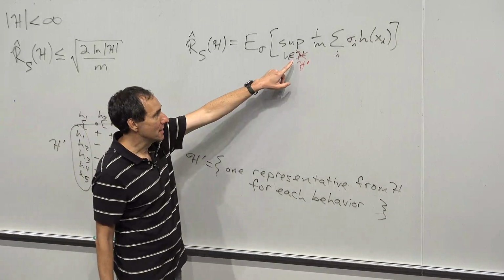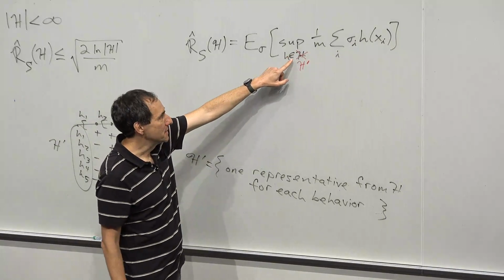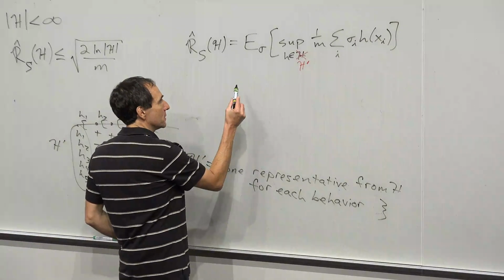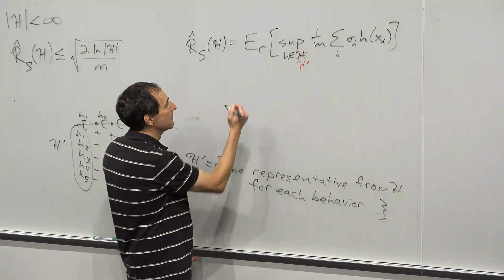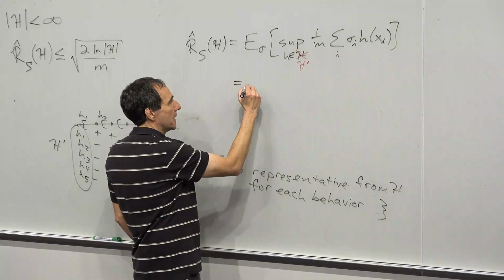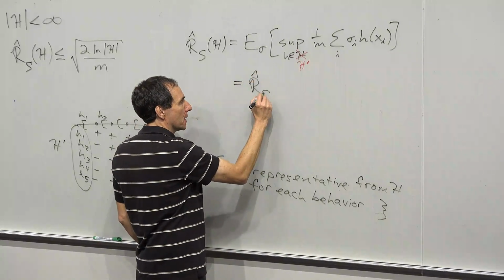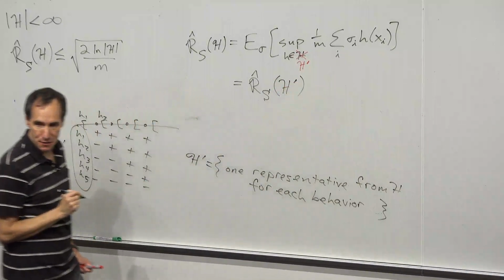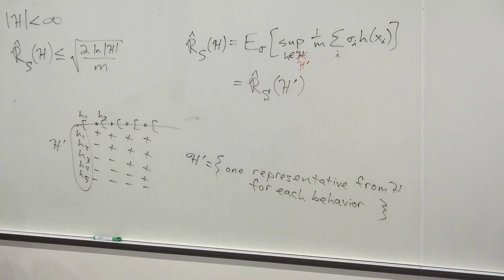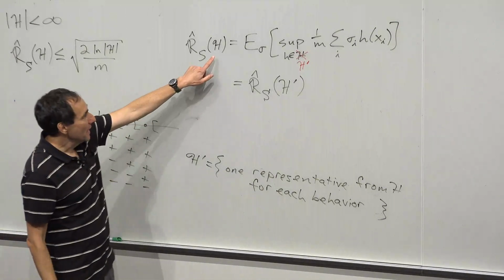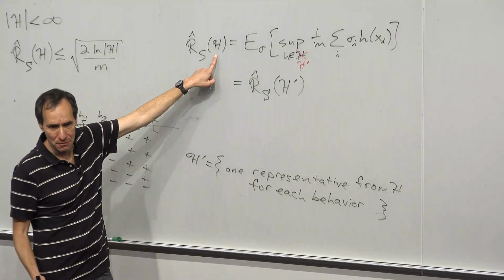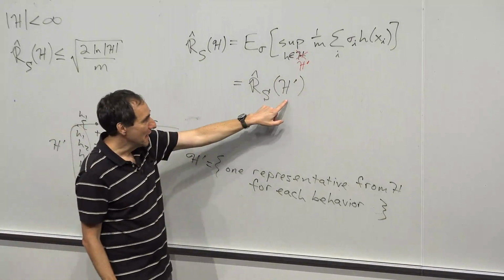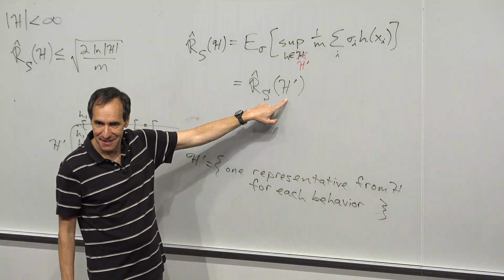So we don't change anything if we replace H by H prime. But when we do that, this new expression is now the empirical Rademacher complexity of H prime rather than H. Well, H might be infinite, and we're only interested in the case where it's infinite, otherwise we could use this other thing. But H prime is finite.